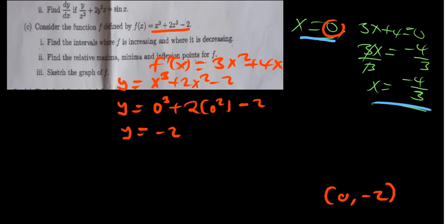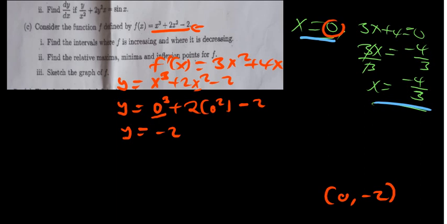Next, in the original function, I need to find the value of y. How do we find the value of y? Just plug in the values of x. The first value of x is 0. I plug in 0 where there is x, and 2 times 0 squared minus 2, I found that is negative 2. It means that when x is 0, y is negative 2.